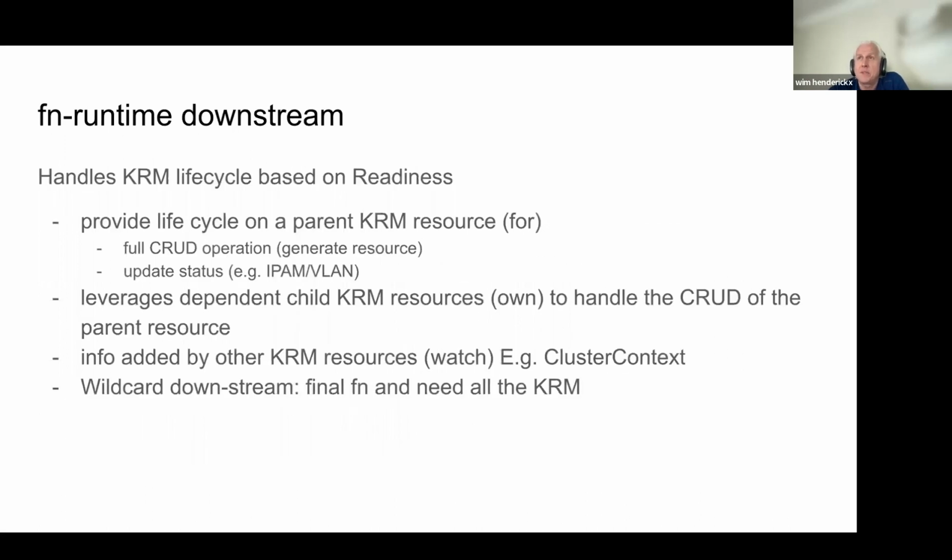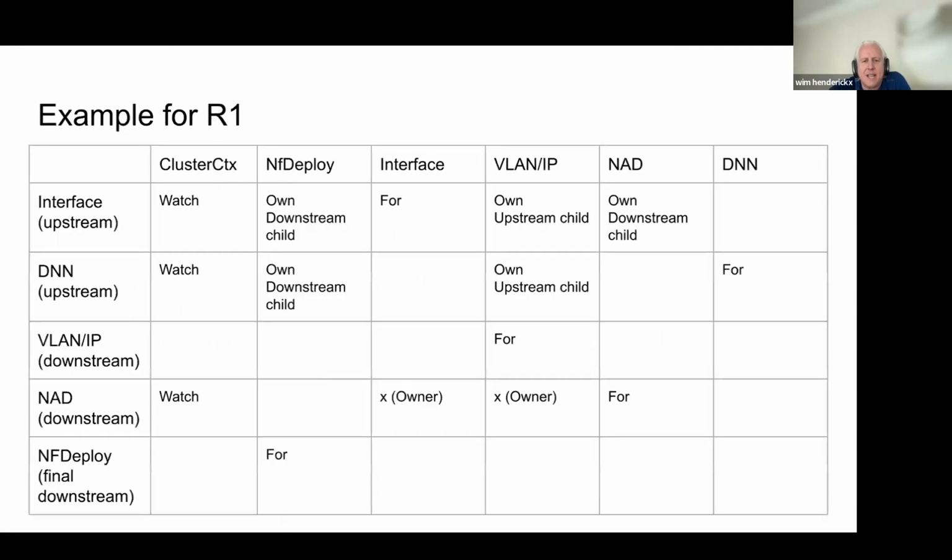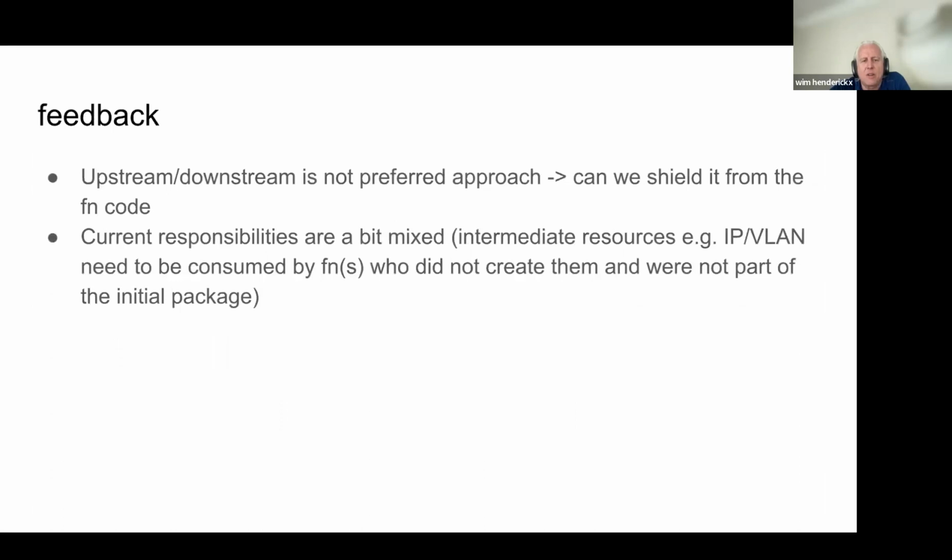An upstream is basically an entry into the function runtime or the choreography, and the downstream is more the end, although it's not 100% like that, but I think of it that way. So the feedback that we got was that people didn't like it, right? So I did a bit of work this week to try to remove that.